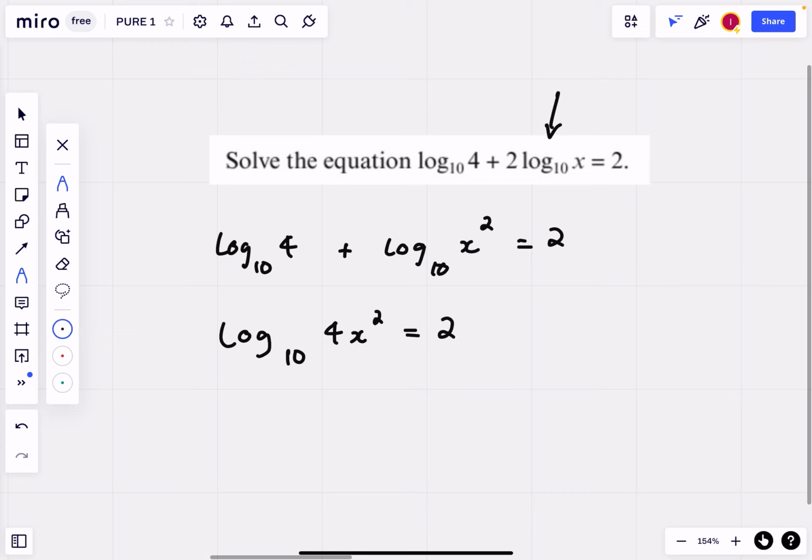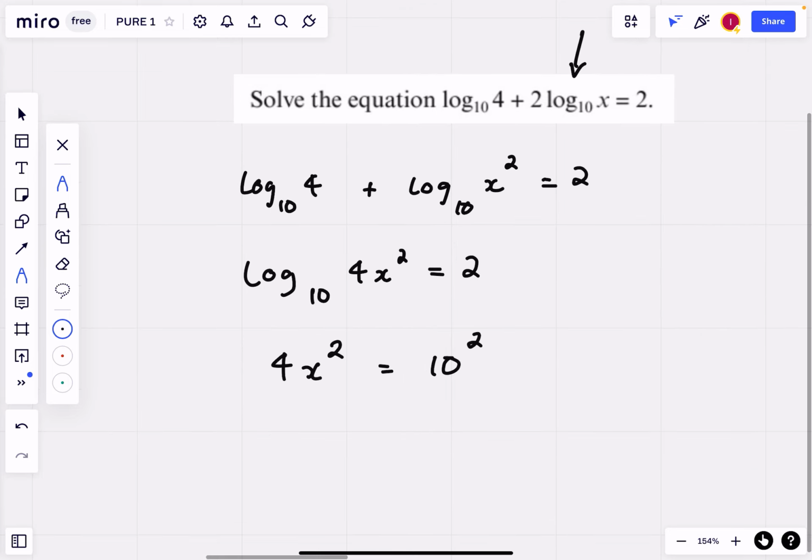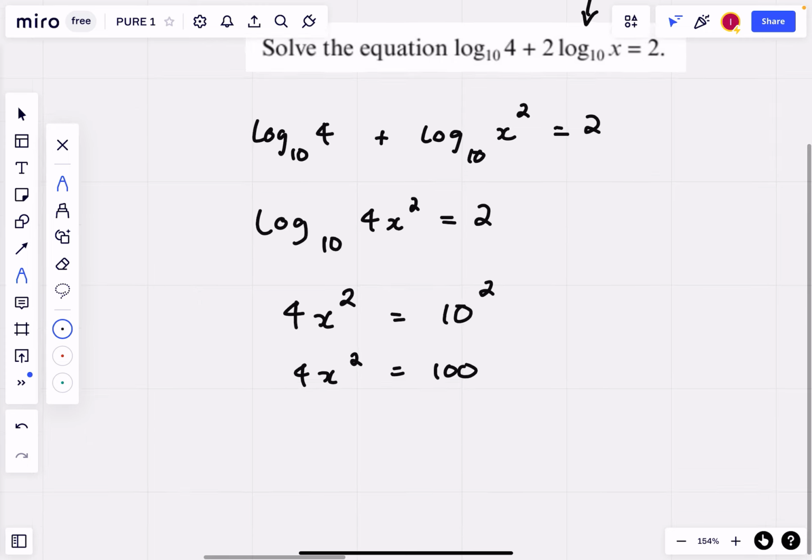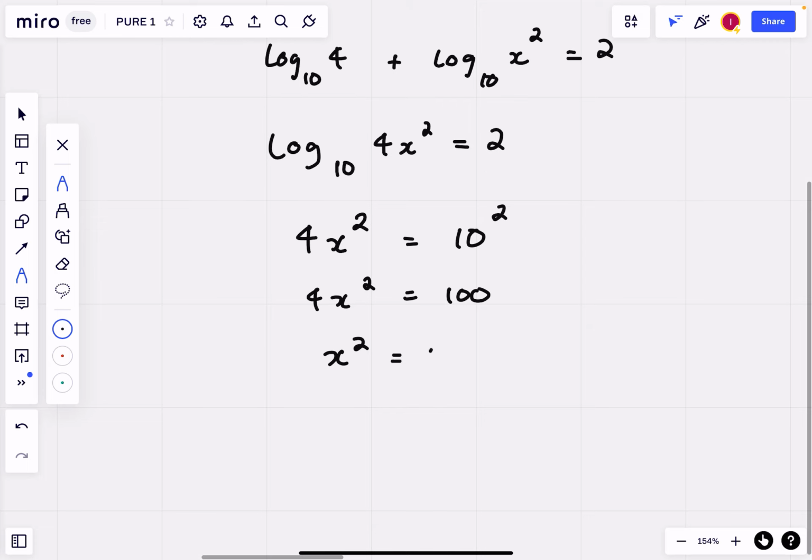And now we can use the equivalence rule. So 4x squared equals 10 squared. Now it's just a matter of simplifying. So x squared equals 25, so x equals 5.